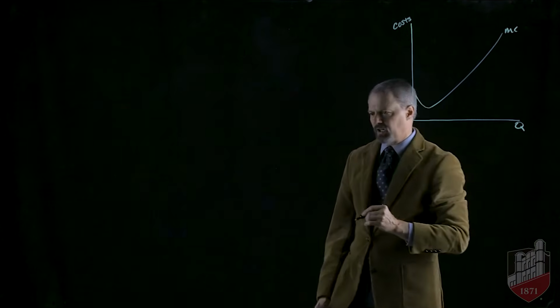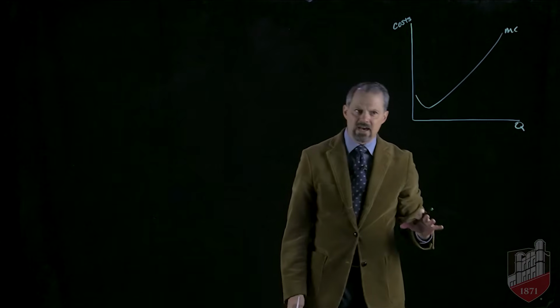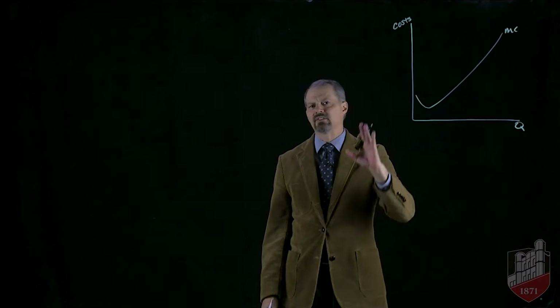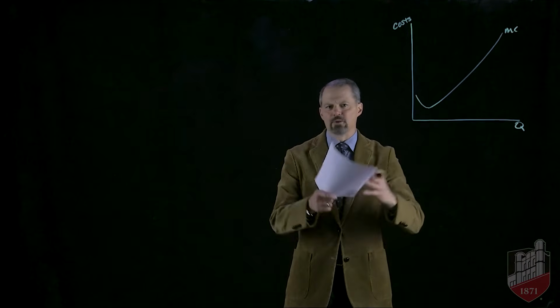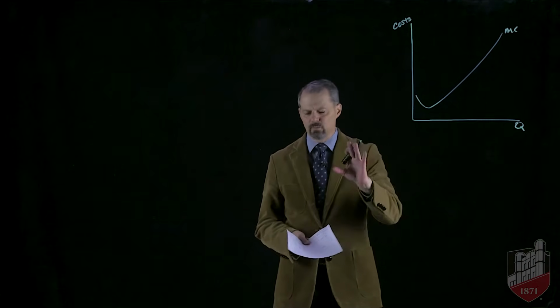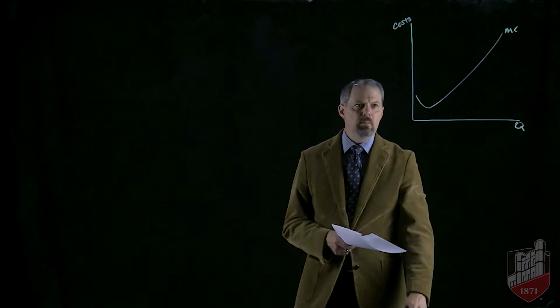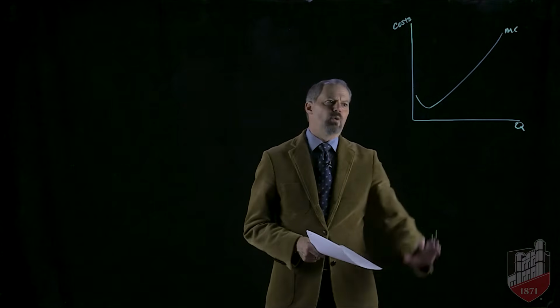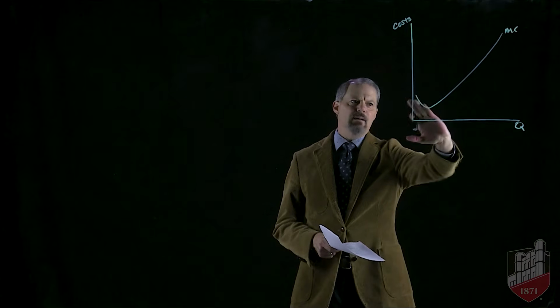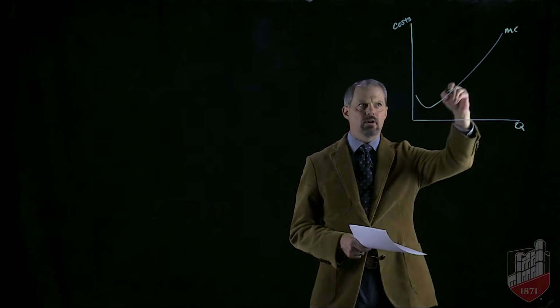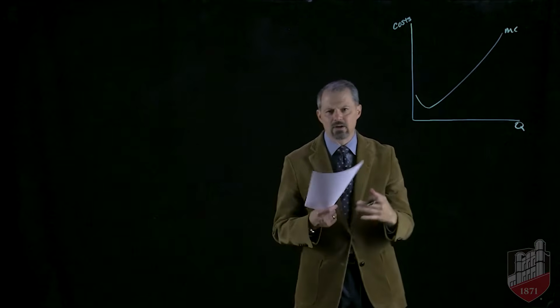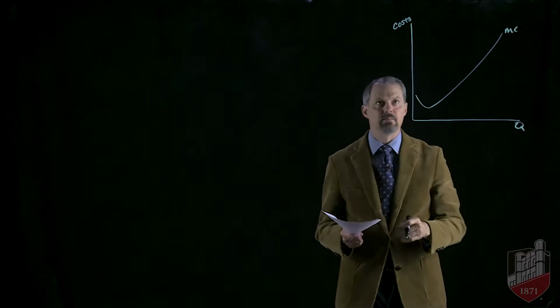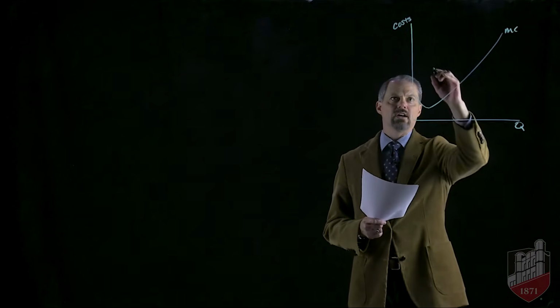It's got kind of a hook on it. I never draw that, and the reason I don't is because that portion of the marginal cost curve isn't useful for anything that we're going to be doing, and we'll talk about that a little bit later on. So when I draw it, I'll leave that portion of it off and just kind of draw it as a little curve, upward sloping curve, because that's the only relevant portion of the marginal cost curve.